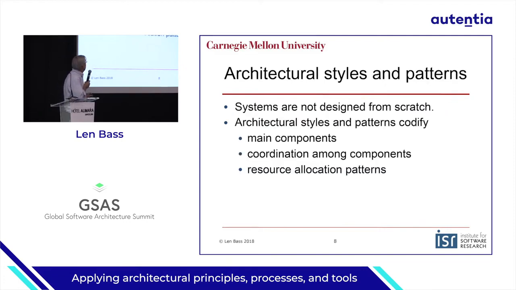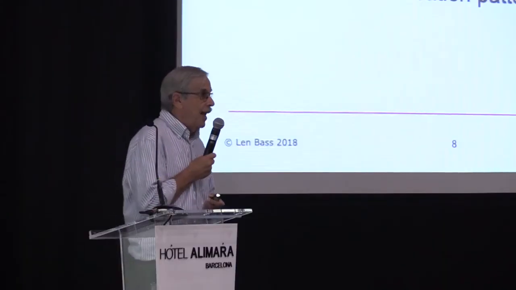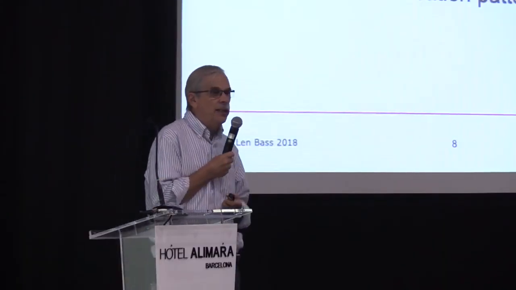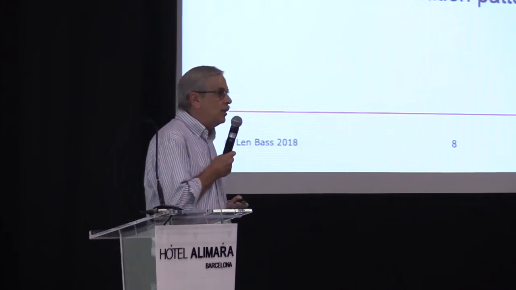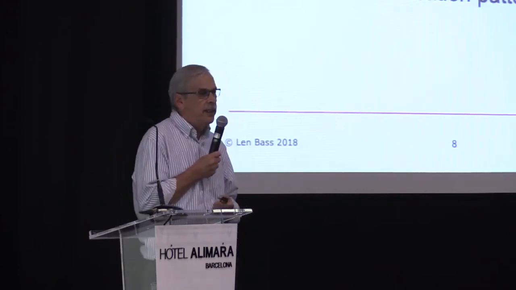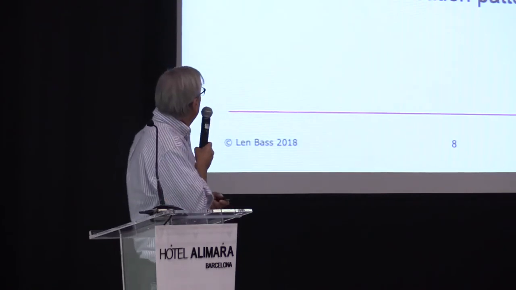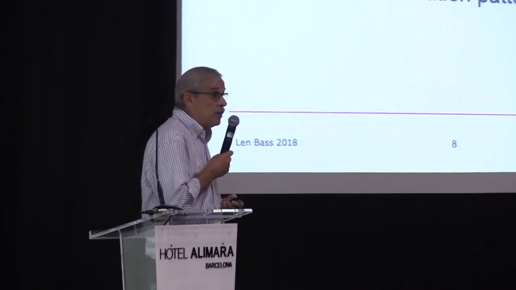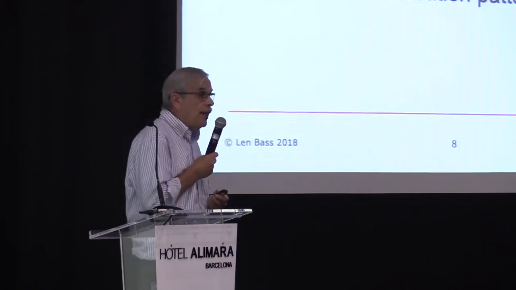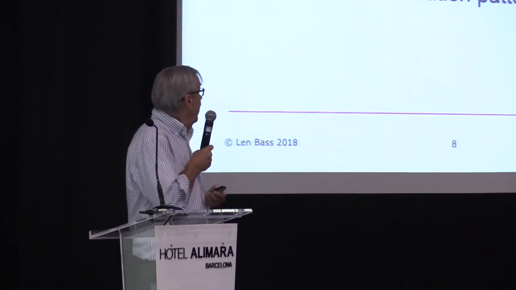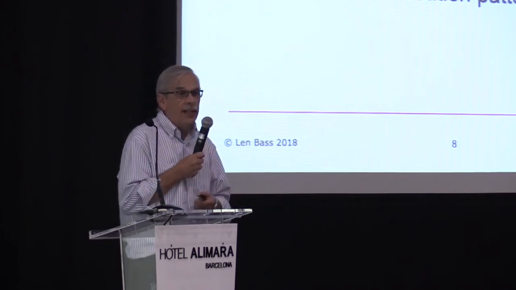So what goes next? Well, you don't design systems from first principles, or if you do, it'll take you a long time. And so what you do is you design systems from styles or patterns. You say, let me choose a style that satisfies the main quality attributes that I'm worried about, and that will codify what are my components, what are the coordination among the components, and what are my resource allocation schemes.